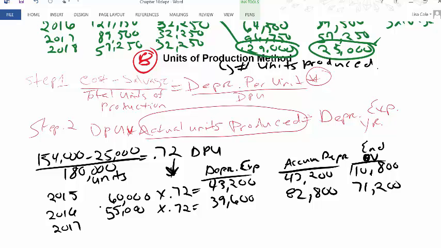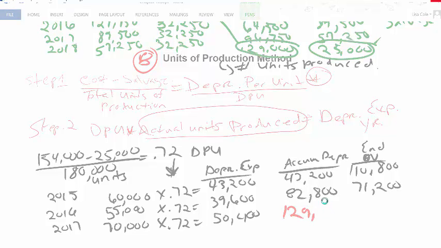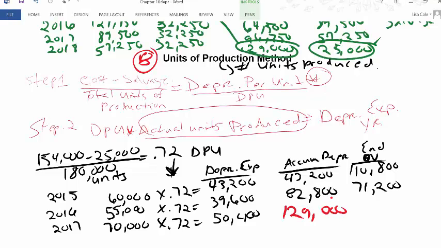2017, let's say they produce 70,000 units. I'm going to take it and multiply it times 0.72, and then I get 50,400. And if I add that to my accumulated depreciation, it would be more than my depreciable basis. So if you remember, we can't have an accumulated depreciation more than 129,000. So I wouldn't be able to take this full 50,400.